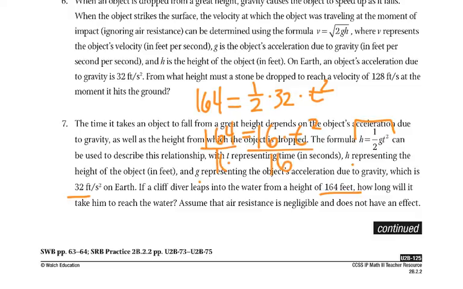Divide by 16. So 164 divided by 16 is 10.25 equals t squared. So then we take the square root, and we get t equals the square root of 10.25, which would be positive or negative 3.2. Can't have a negative time, so it would be 3.2 seconds, roughly.